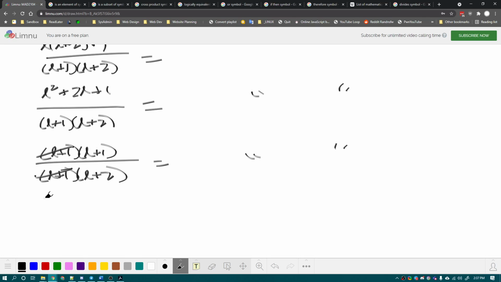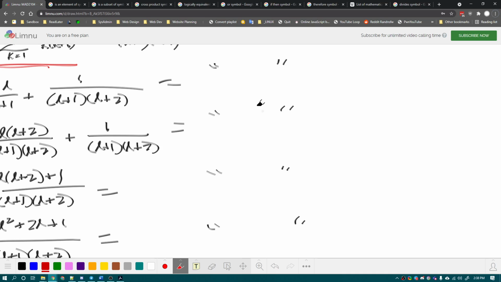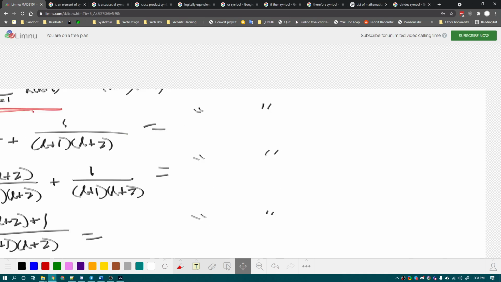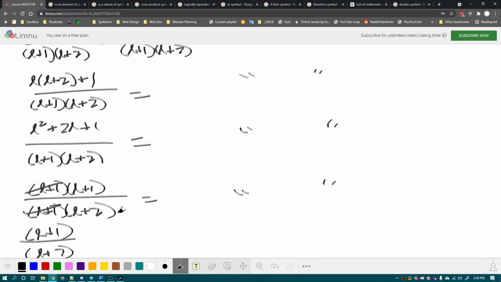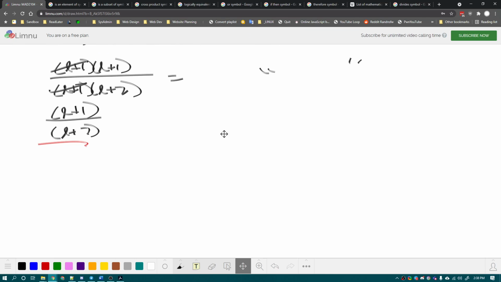So that's equal to L plus 1 over L plus 2, which is what we wanted on the right-hand side. Right? They're the same. So I'll just write it one more time, just to make it very clear what I've done. And we're done, QED.